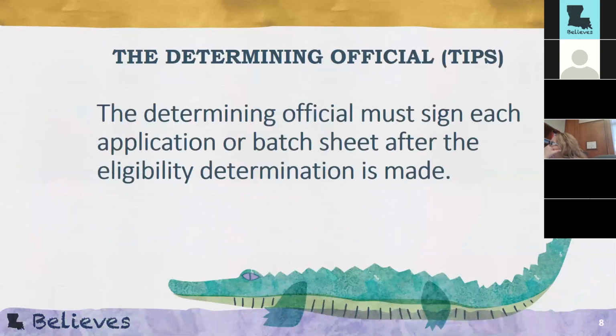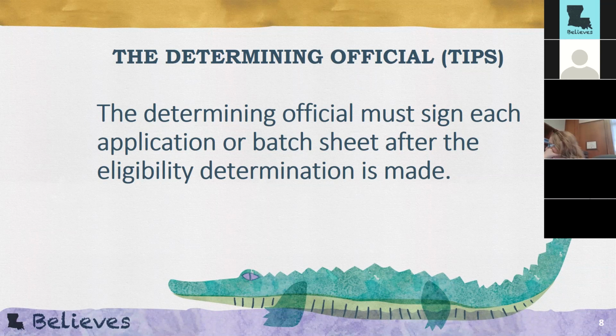The determining official or officials determine free or reduced price status by: one, checking to make sure the application is complete; two, following up on applications with missing information. Any missing or additional information provided to the determining officials should be documented on the application in a different color ink and initialed and dated by the person who collected the information.